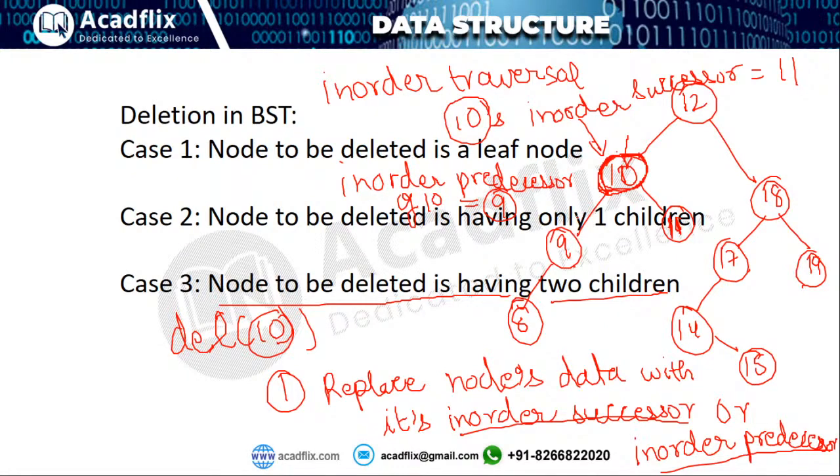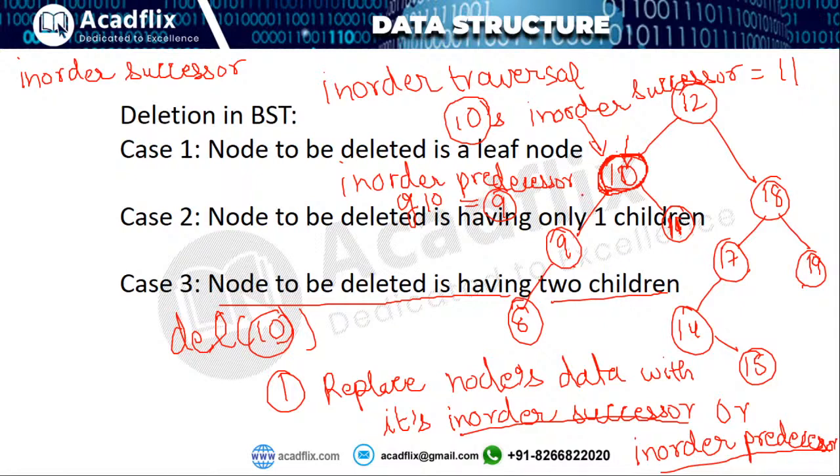But there is actually one more way to find the in order successor and predecessor. One way is that you do the in order traversal of the whole tree and you will eventually come to know that 11 comes after 10, or that 9 is processed first and then 10 is processed right after 9.